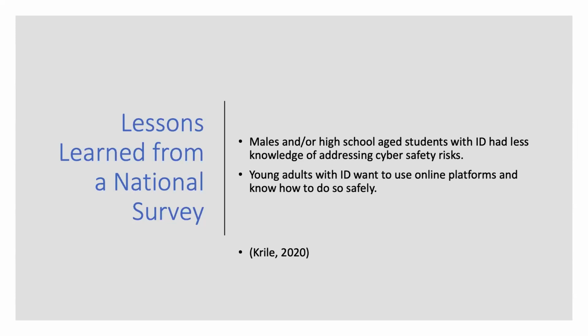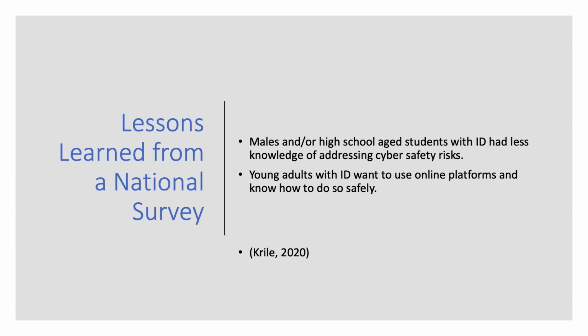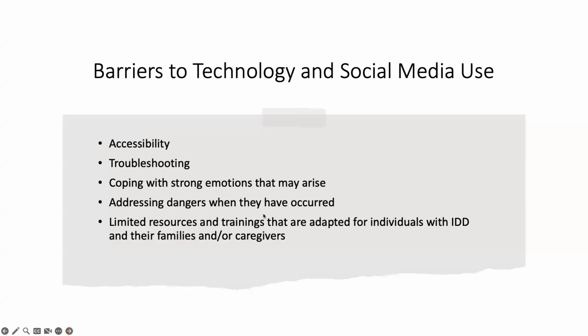The other thing that came through that survey was that all of these young adults wanted to use social media. I think I had two that said, nope, don't want anything to do with it. But they wanted to learn how to do it safely and to be in this online place. So, fascinating things coming out of that.